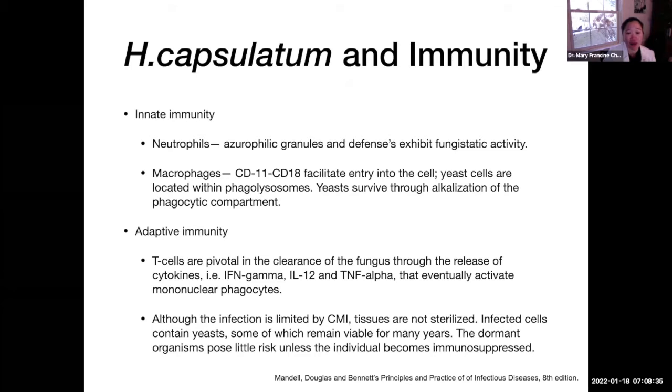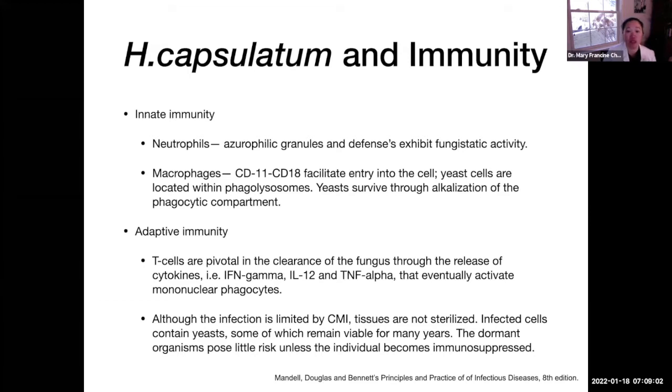And then you have your macrophages, and how histoplasma is phagocytosed by your macrophages is facilitated by your CD11 and CD18 receptor. And then once your macrophages engulf the histoplasma, the yeast cells would be located within the phagolysosomes.